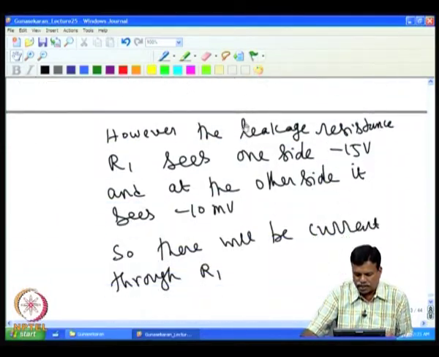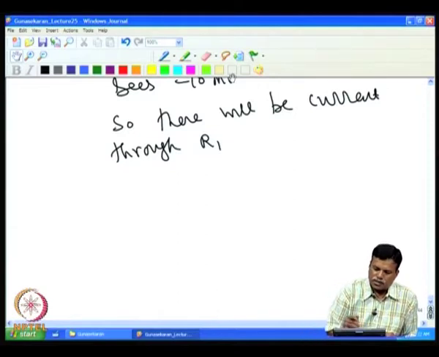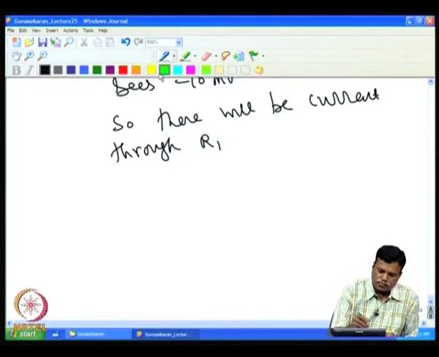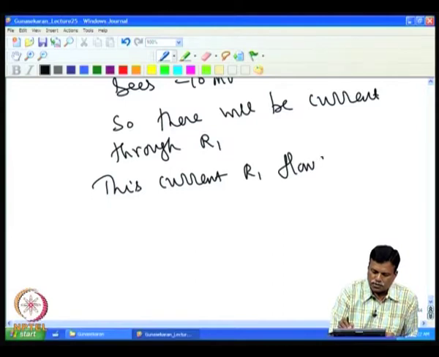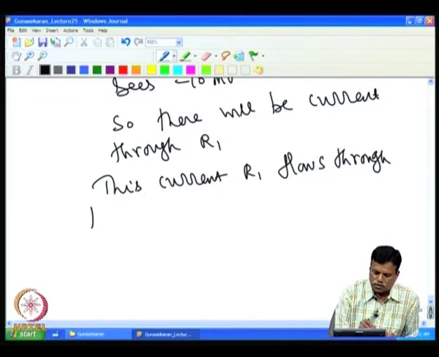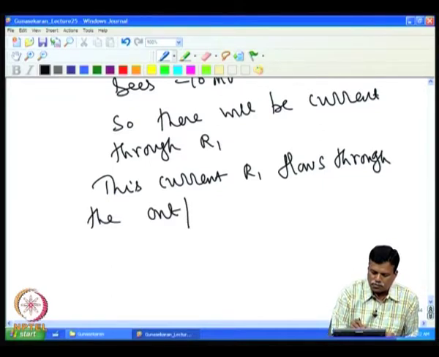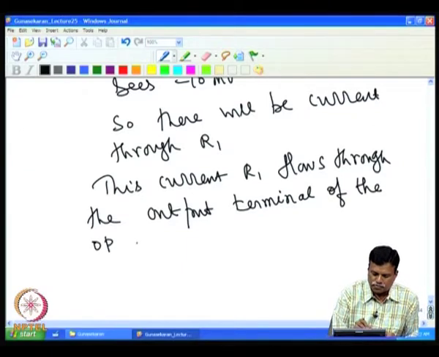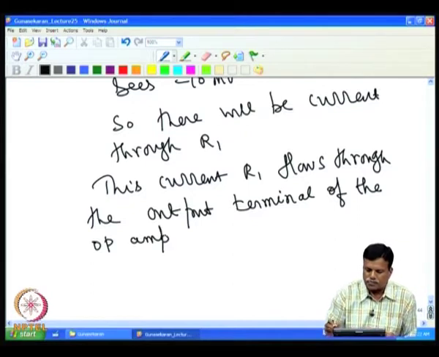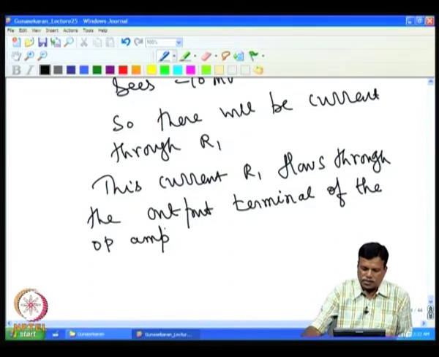So, eventually the current flows through R1 to the output terminal of the op amp. However, this will not induce any error.